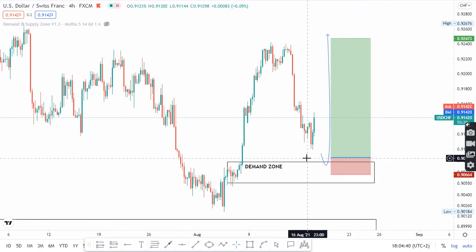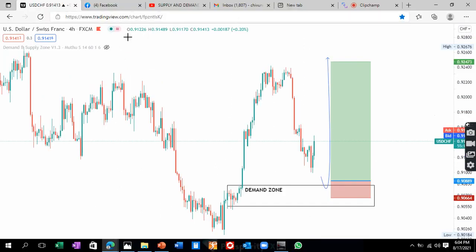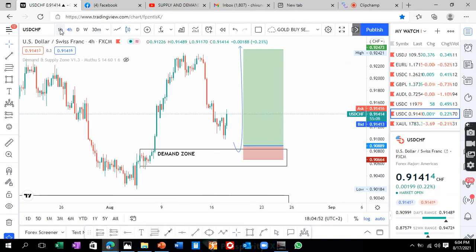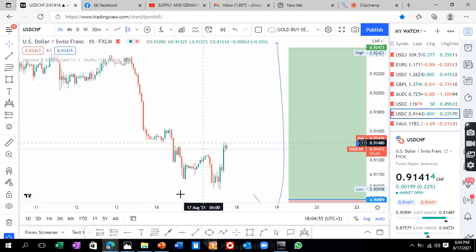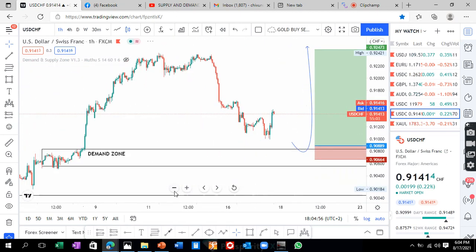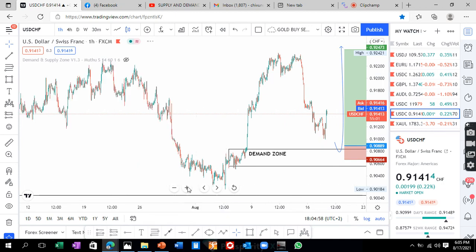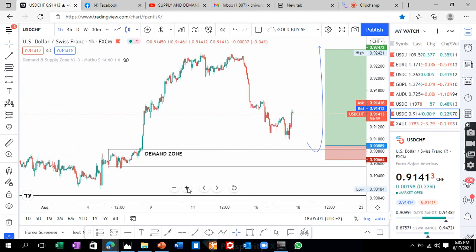Okay, nice. Is this zone a fresh zone? Yes, it is a fresh zone. Why? It has not been touched. This zone is fresh because it hasn't been touched. And beautifully, as price was coming to this level, it gave us a nice double bottom, which is a confirmation.